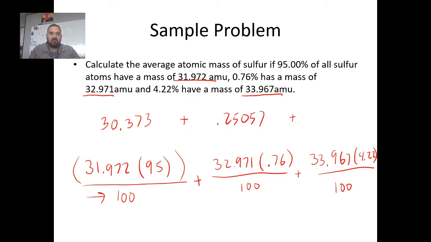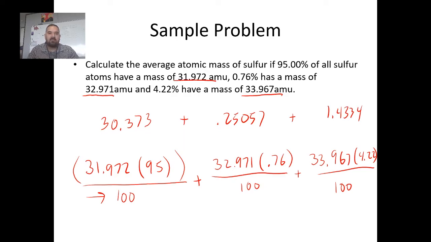Bring our plus, and it's going to be 33.967 times 4.22, divide by 100, and that should have gave you 1.4334. And then our last step is just going to be to add those 3 numbers.